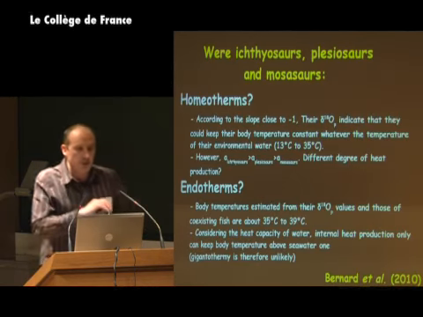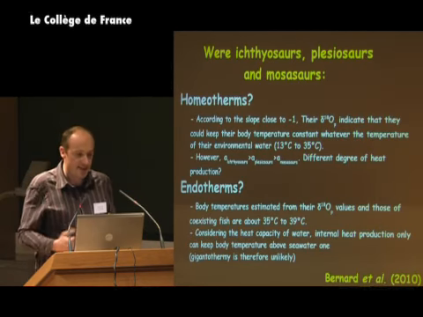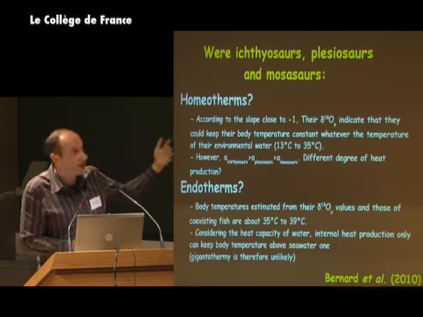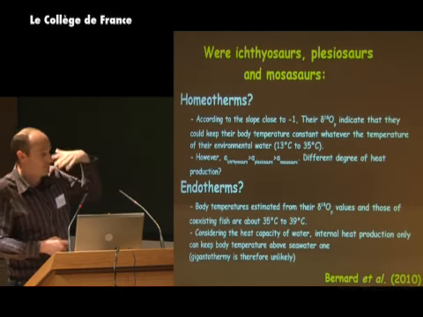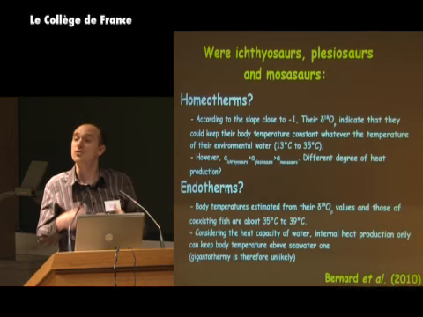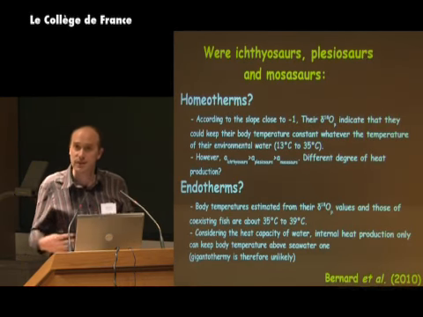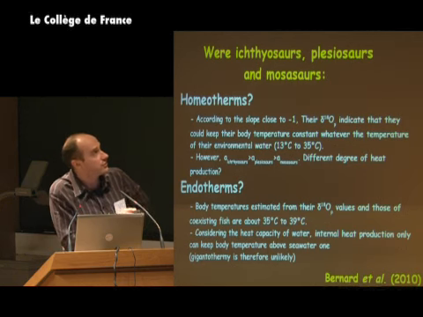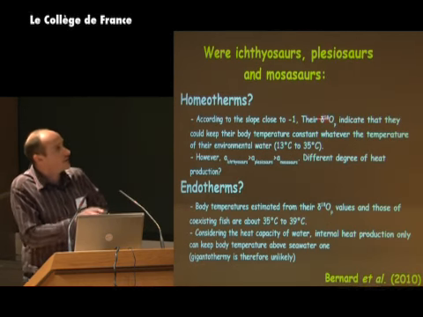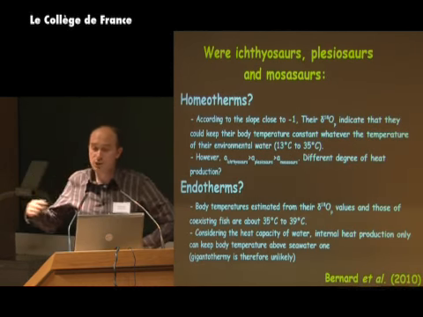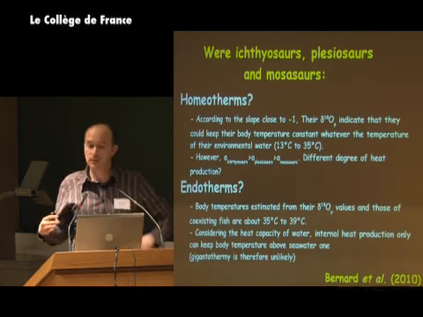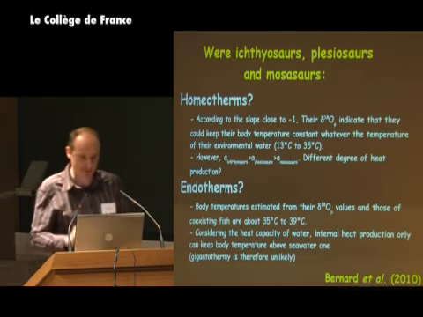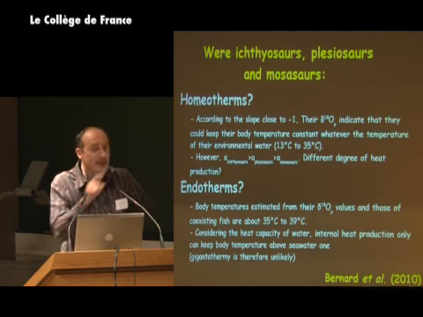So we can say that these marine reptiles were homeothermic animals because the slope of the data distribution is close to or, for some, equal to -1. So it means that their body temperature was constant, whatever the temperature of their environmental water was. It's okay, I think it's the end of time.